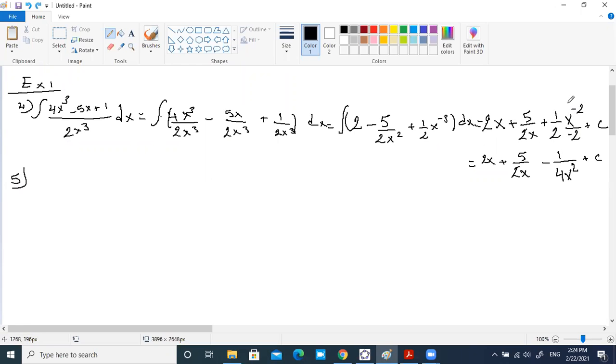Yes, add 1 and divide: negative 3 plus 1 you get negative 2. So it becomes negative 1 over 4x squared. But how did this come out for you? x to the power negative 2 in the denominator will be x to the power positive 2, right? Okay, 2 times 2 is 4, positive divided by negative is negative. So this x to the power negative 2 went down and became positive. Correct.